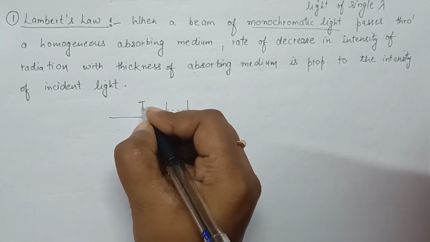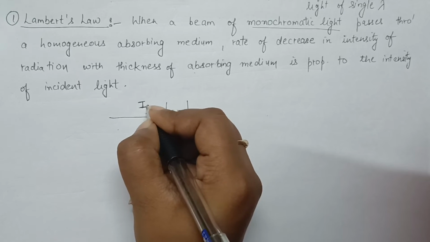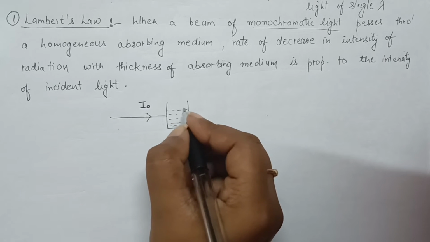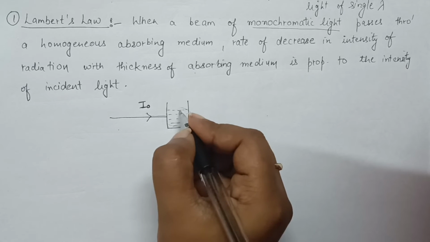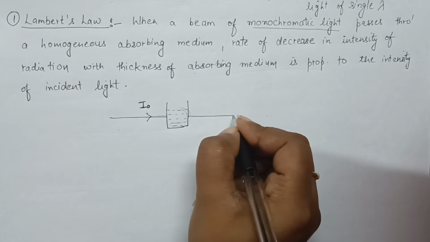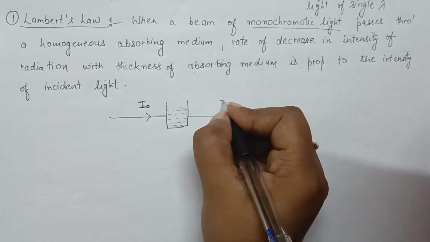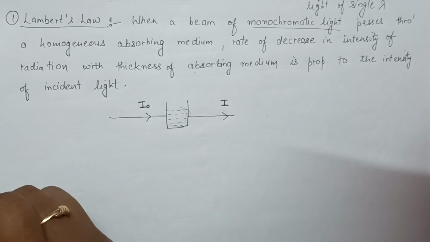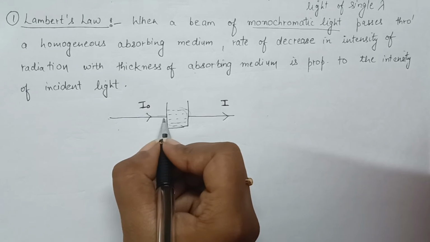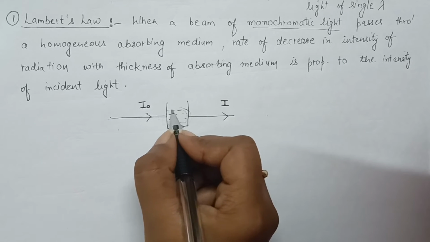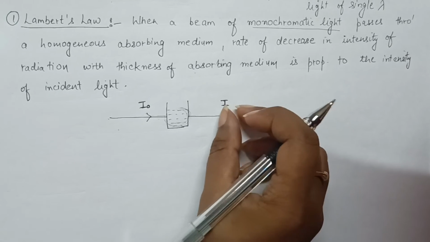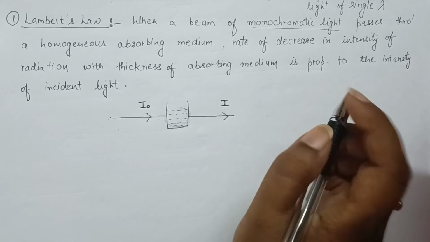Suppose the intensity initially was I naught. Some part of this radiation will be absorbed by the medium and the remaining will be transmitted. Suppose I is the intensity of transmitted radiation. So after this overall absorption some part will be transmitted and there will be some decrease in intensity of the radiation.